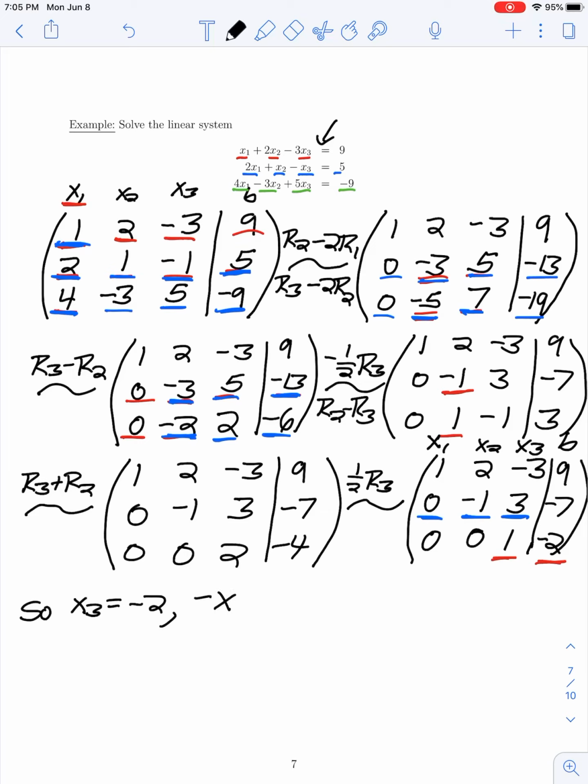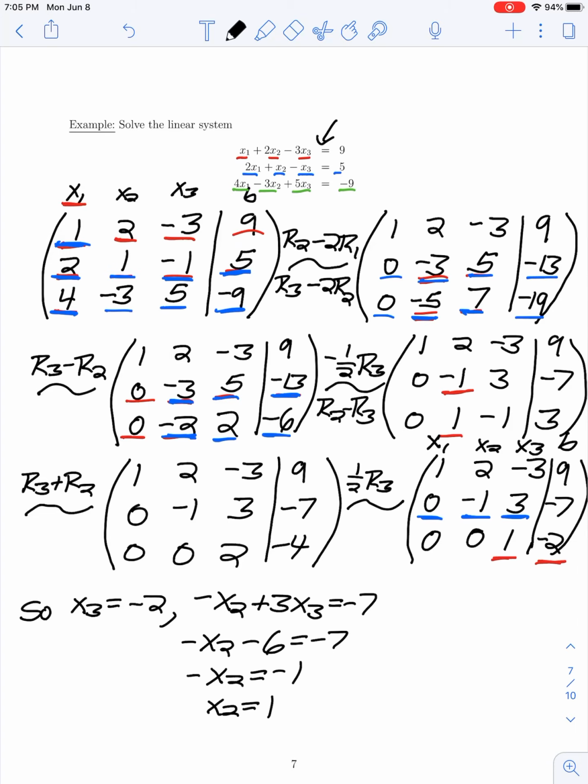It says -x2 plus 3x3 is equal to -7. So if we know x3 is equal to -2, we have -x2 minus 6 is equal to -7. So -x2 is equal to -1, and x2 is 1.